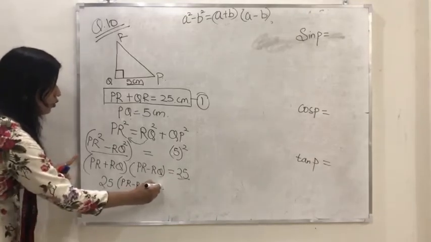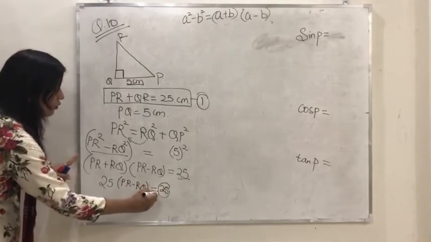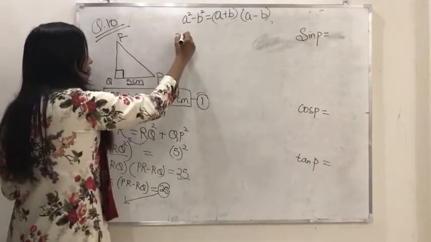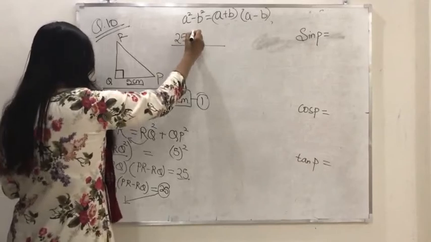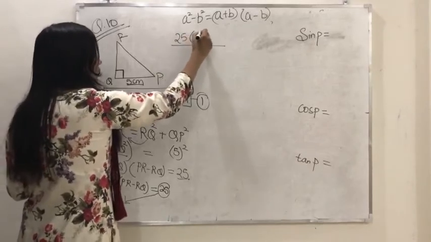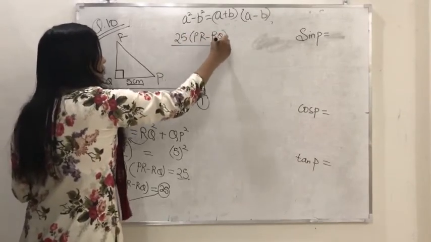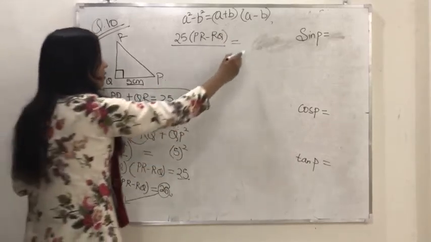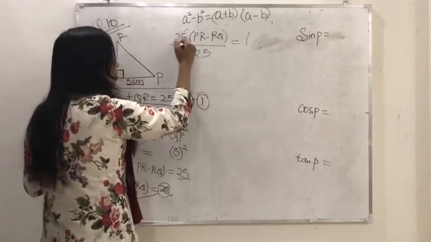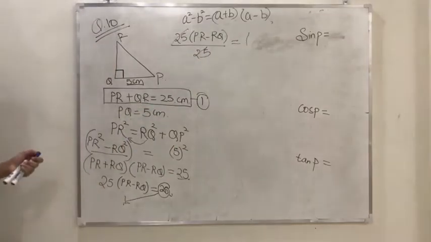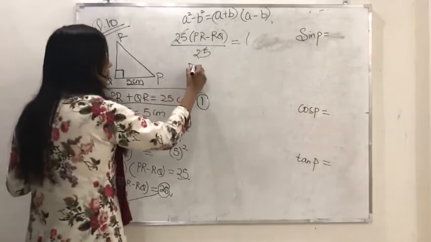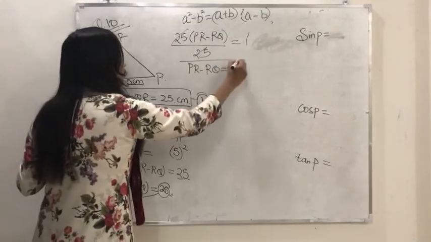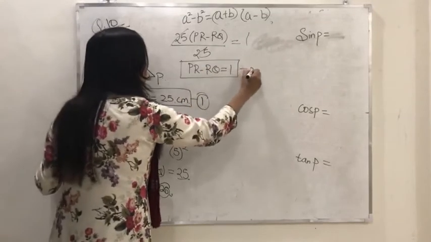I will take this 25 to the denominator, and I will be left with 1 here. So this will cancel out. So PR minus RQ is equal to 1. This is equation number 2.